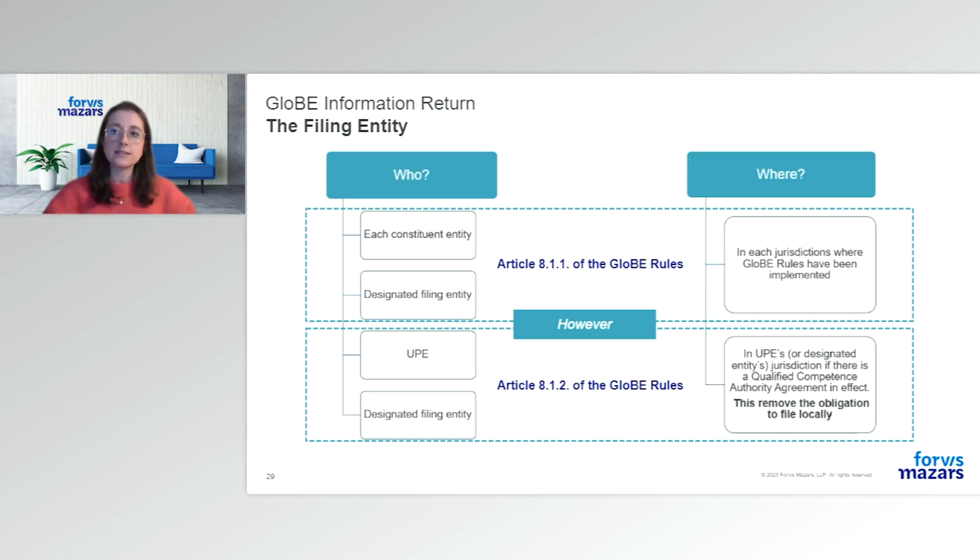However, there is an exception where the UPE or a designated filing entity may file the GloBE information return, but there has to be a qualified competent authority agreement in effect. It's quite the same as with CBCR, so there has to be this agreement. And this may then remove the obligation to file a GloBE information return locally.